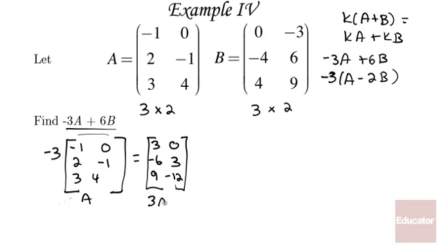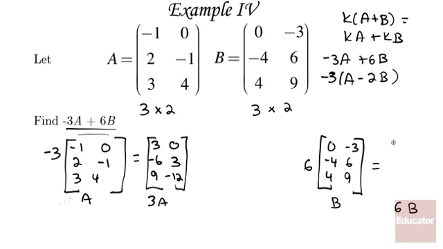So here I have negative 3A. I need to find 6B. So I have B over here, 0, negative 3, negative 4, 6, 4, and 9. I'm going to multiply it by 6, and that's going to give me 6B.